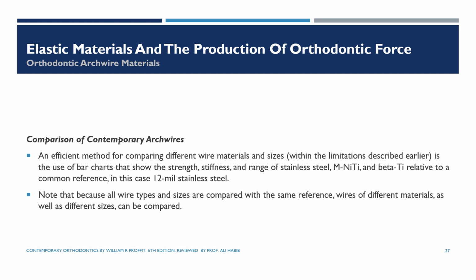Because we compare all the wire types and sizes to the same reference, wires of different materials as well as different sizes can be compared. And this is an advantage of using these types of bar chart and comparing them to one reference line.